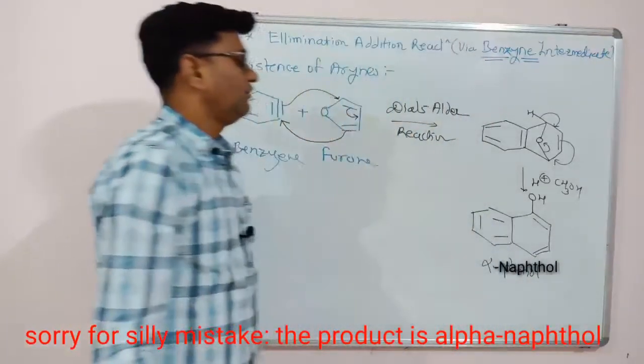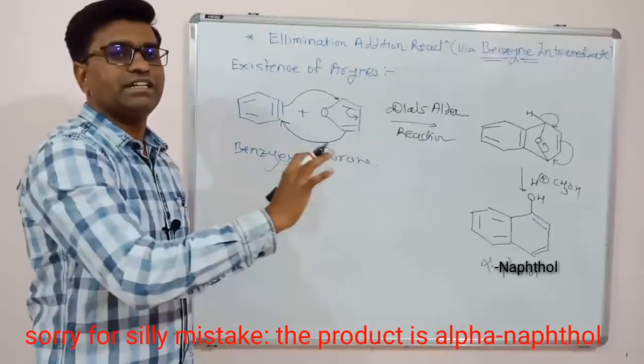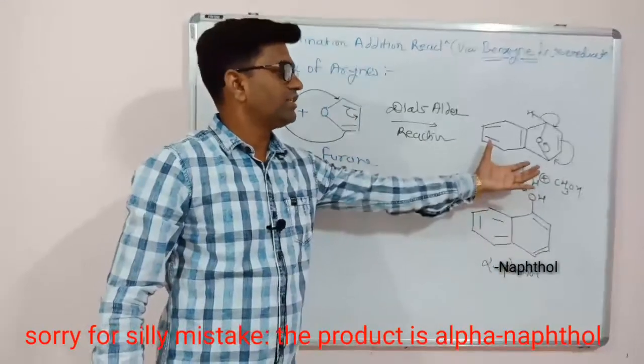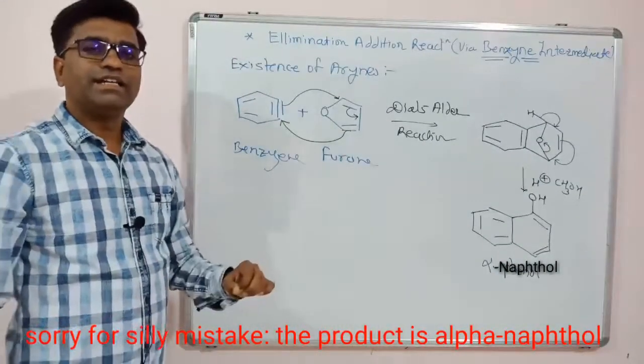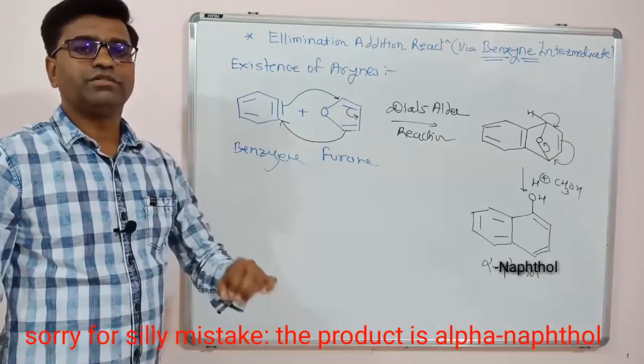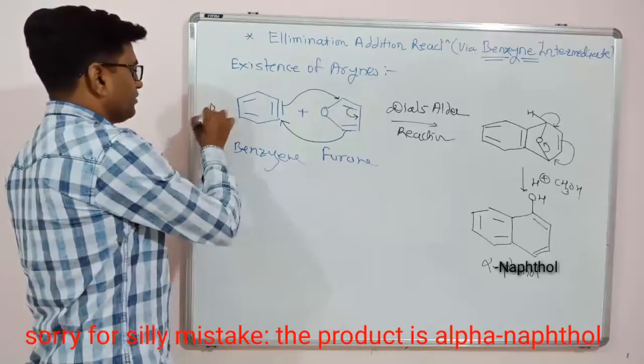So we will get alpha naphthol as a product. This type of reaction is called a Diels-Alder reaction. So the formation of this naphthol or this complex clearly indicates that benzyne is formed within the reaction. So this is the first proof.